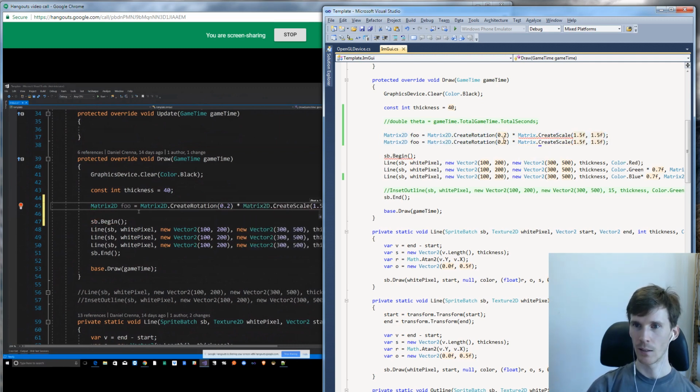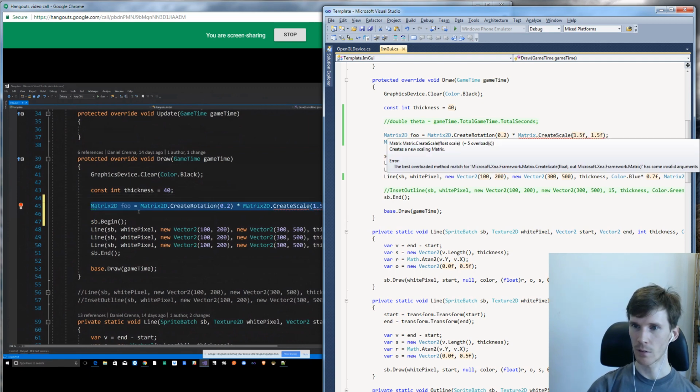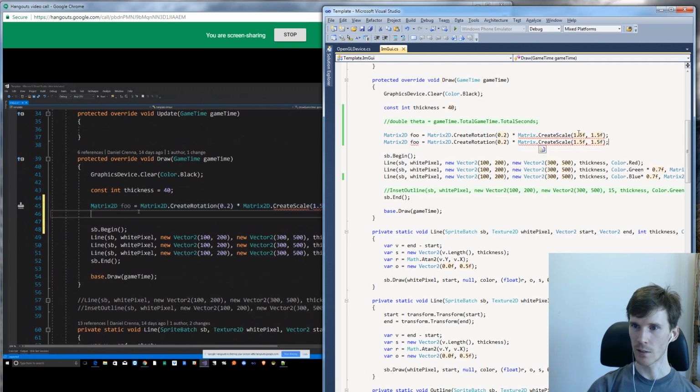And then what have I done differently? This CreateScale has invalid arguments. It's a float. Yeah, and I've gone and used the built-in one.